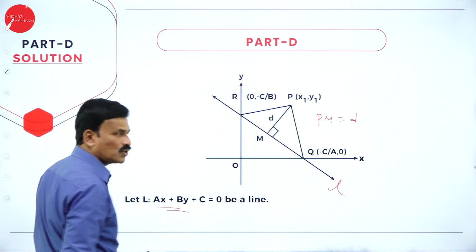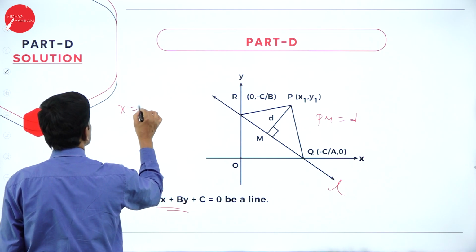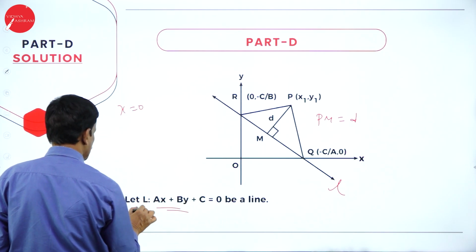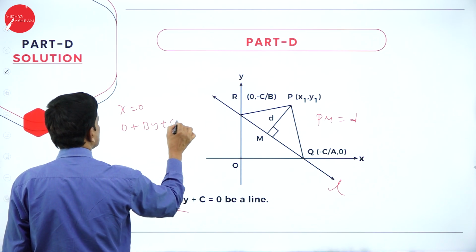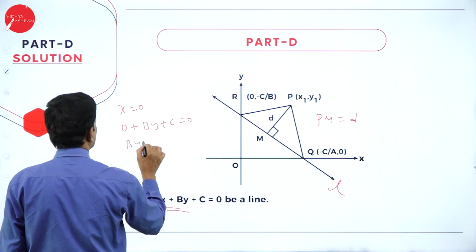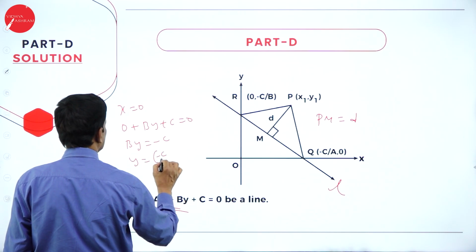Now, to find the coordinates of Q and R, put x equal to 0 in this line. Then this becomes 0 plus by plus c equal to 0, by is equal to minus c, y is equal to minus c by b.